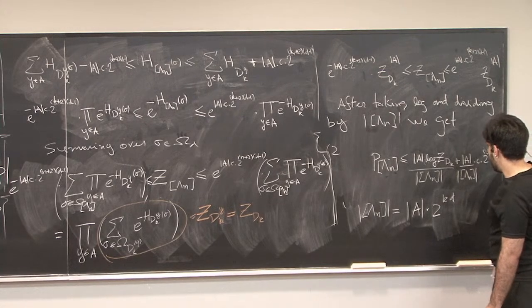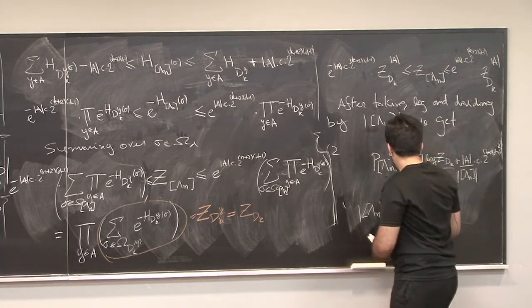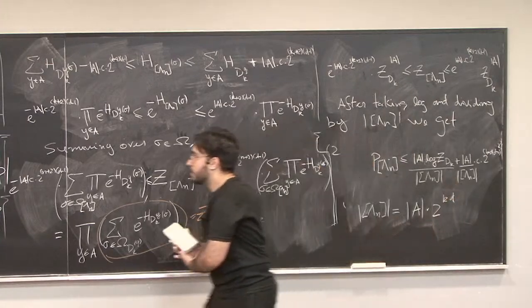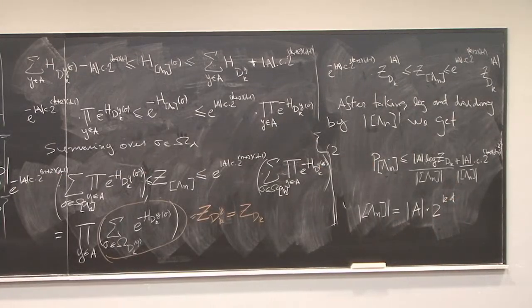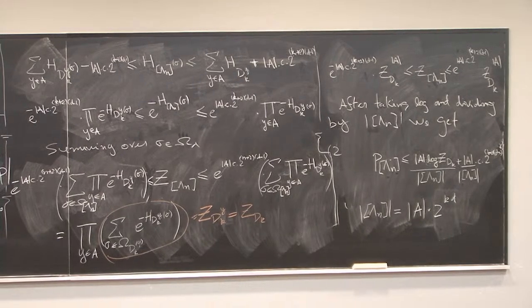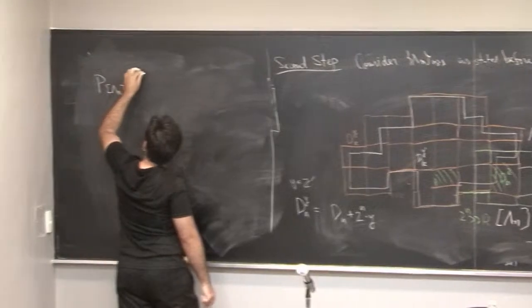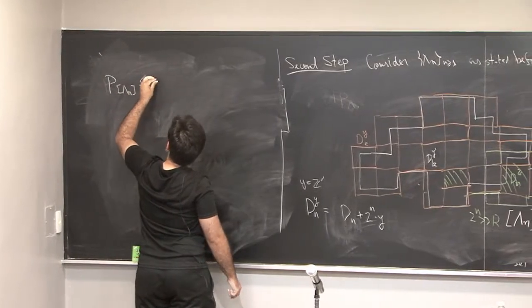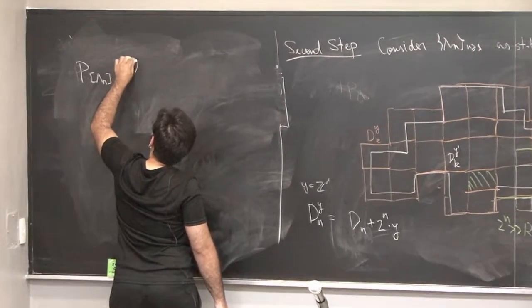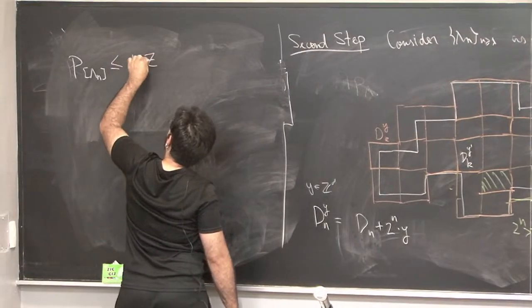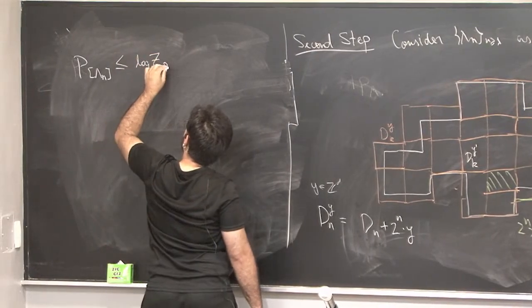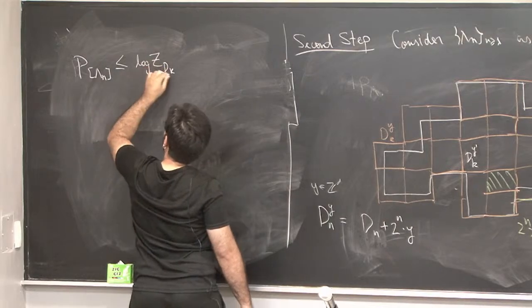So what we do is that now we plug this over here, and we have that the partition function, the local pressure, is less than the log of the partition function over the cube dk.